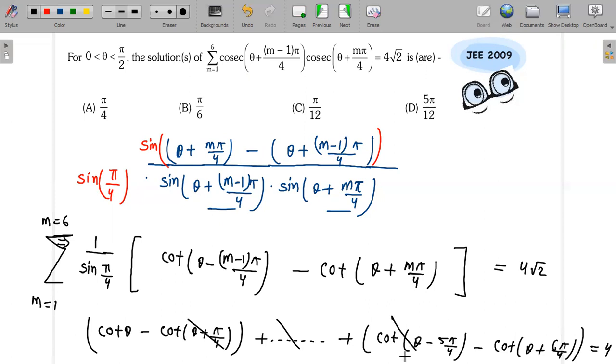So eventually we have these two terms, cot theta minus cot of 3 pi by 2 plus theta. Try to solve this question, you will get your answer. I'm sure you understand this method. The calculation part is not what I'm trying to portray to you right now, just try to understand the logic. All right, so this is it for this lecture. Thank you very much, all of you.